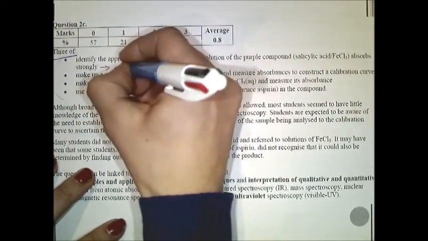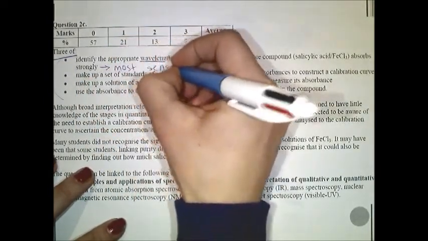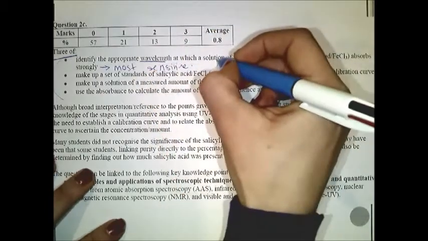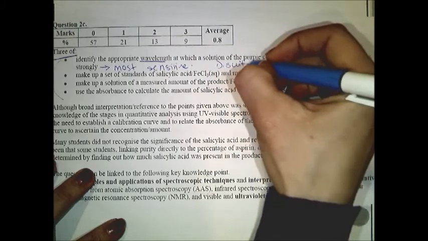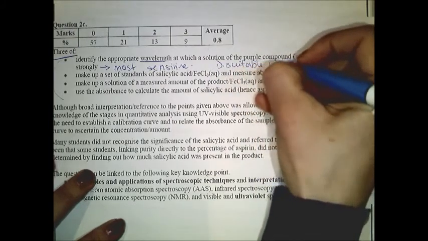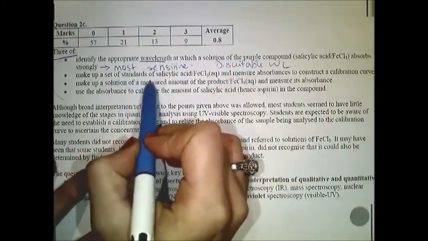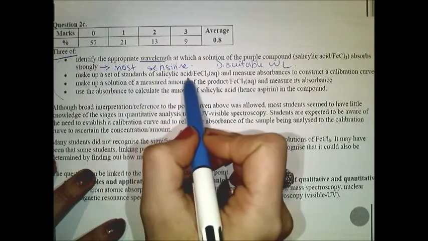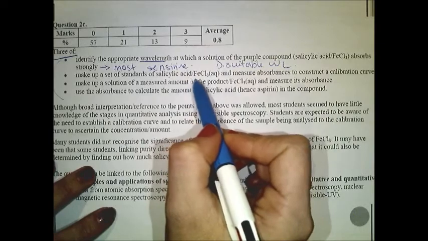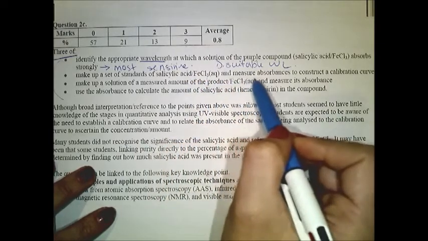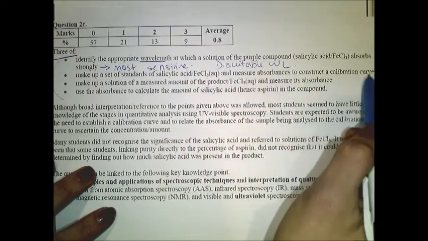Because it is most sensitive. So that was step one from my things, which is choosing a suitable wavelength. Make up a set of standards of salicylic acid, okay, and measure the absorbances to show a calibration curve.